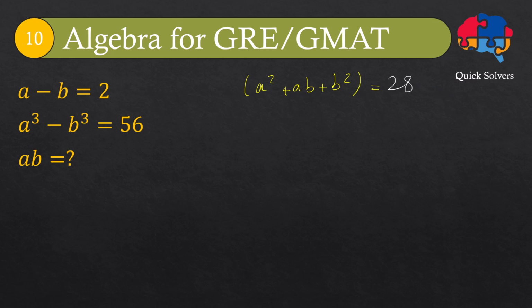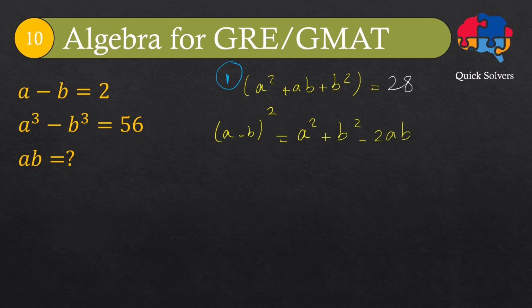Okay. Let me label this as equation 1. All right. On the other side, we know a minus b squared is a squared plus b squared minus 2 times a times b.